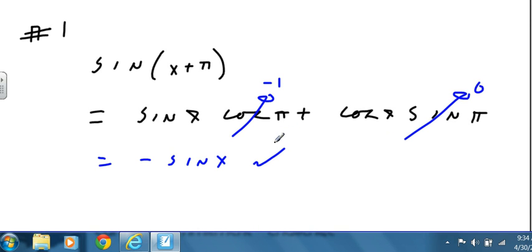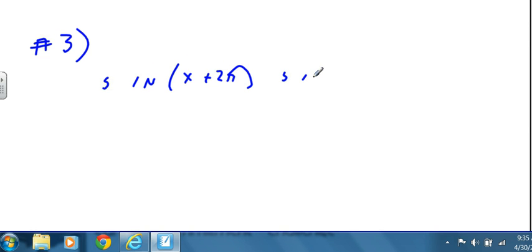And we'll move down to number 2. And we're supposed to show number 3. My mistake. Number 3, we have sine of x plus 2 pi. And we're supposed to show that that's sine x. Okay, well that's fine.